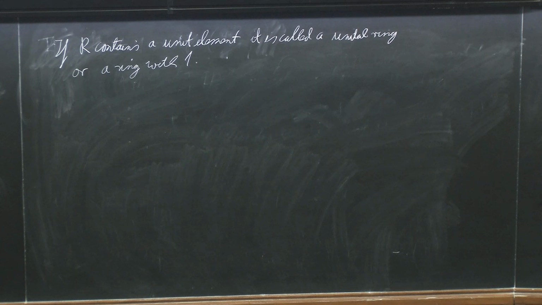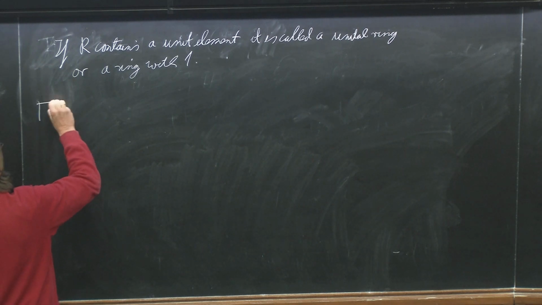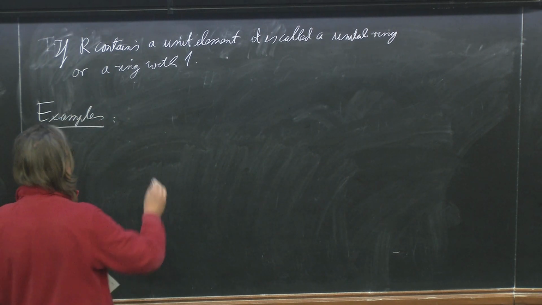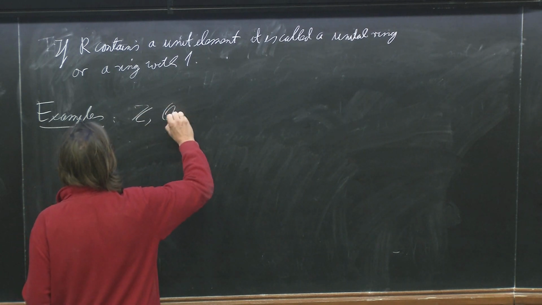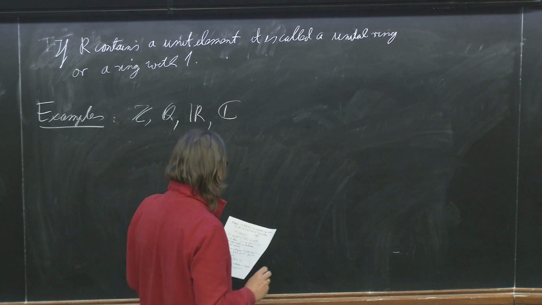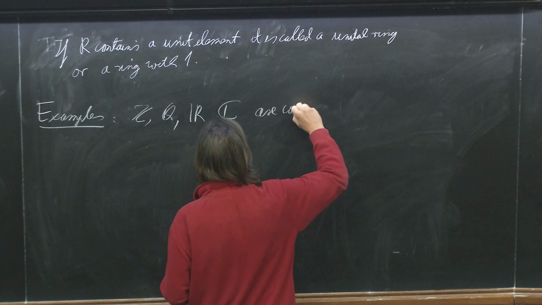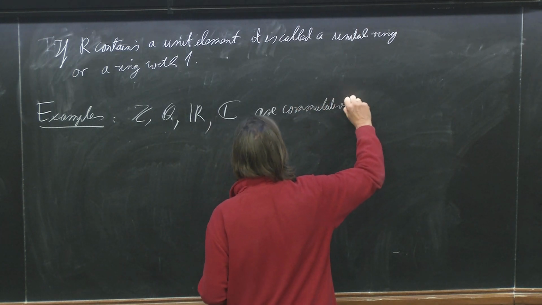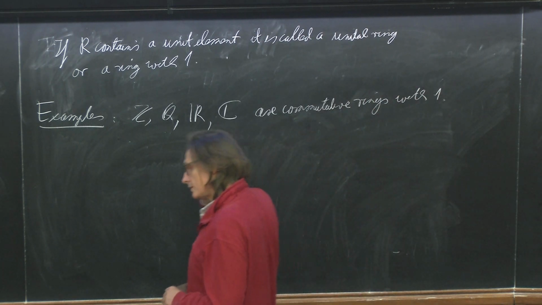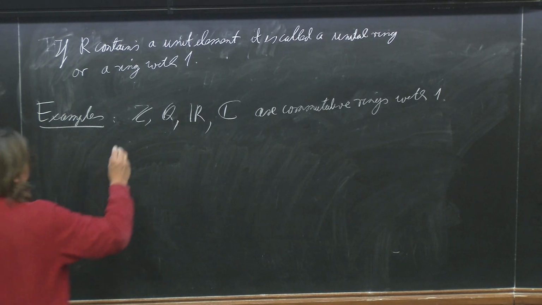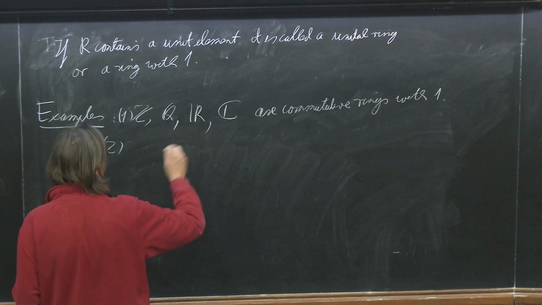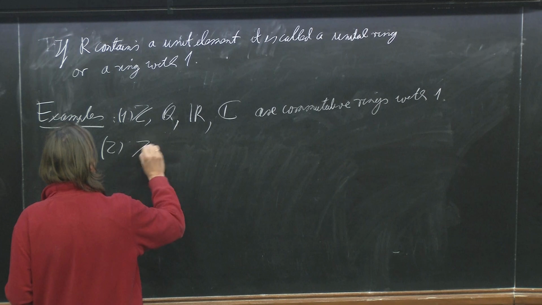Okay, now I wanted to give a few examples. So obviously, Z, the integers, Q, the rational numbers, R, the real numbers, and C, the complex numbers, are commutative rings with 1. One other example, which comes from this, slightly more complicated, is Z[i].